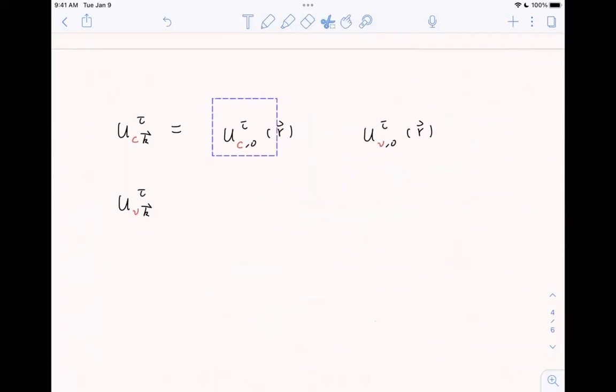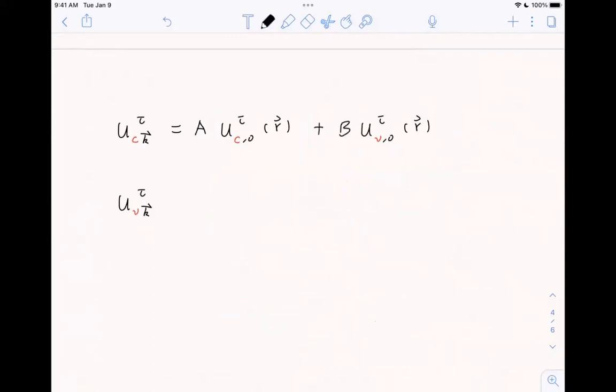So I'm going to use coefficients A and B to represent them. Okay, so you're going to expand this wave function that we want to get into a linear combination of the two functions that we already know.